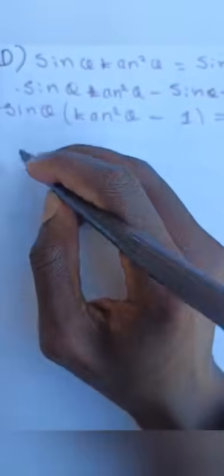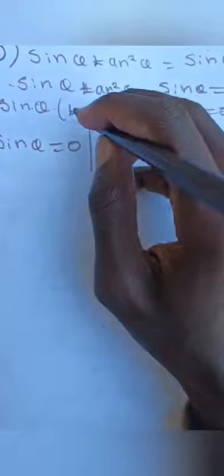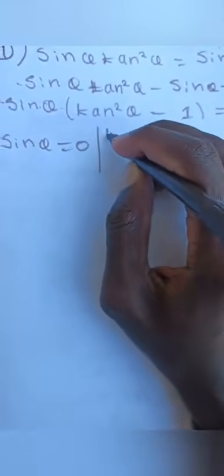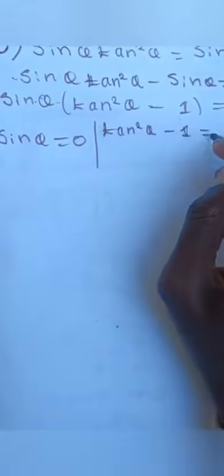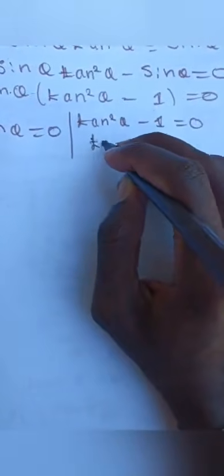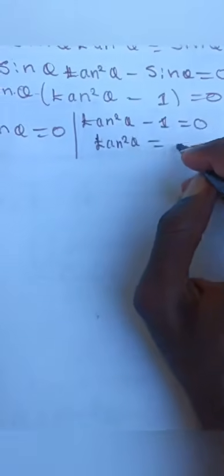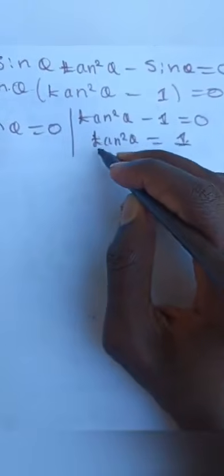So let's now get this and equate it to 0. Sin theta is equal to 0. Then let's get what is in the brackets, then we also equate it to 0. Tan power 2 theta minus 1 is equal to 0. Okay, so this one is going to be some work, right? All right. So let's make tan.